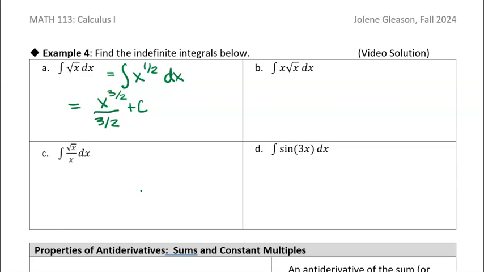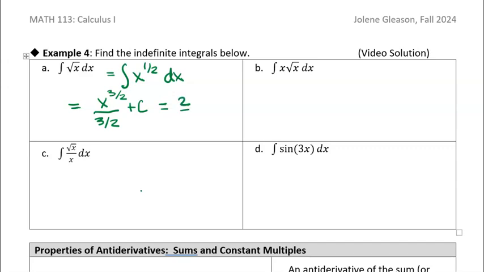Now, I don't particularly like complex fractions within fractions, okay? So I would prefer that you write 1 over 3/2 is the reciprocal, right? Instead of dividing by a fraction, we're going to multiply by the reciprocal. So this is 2/3.